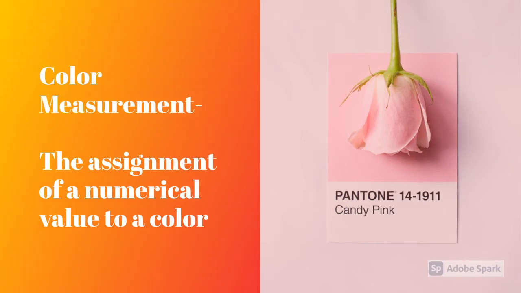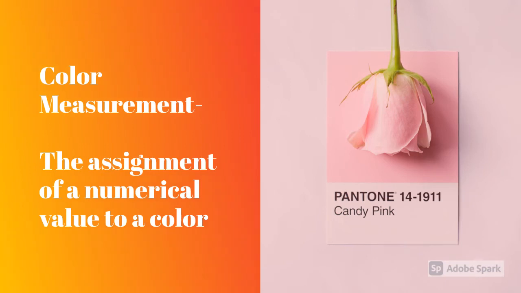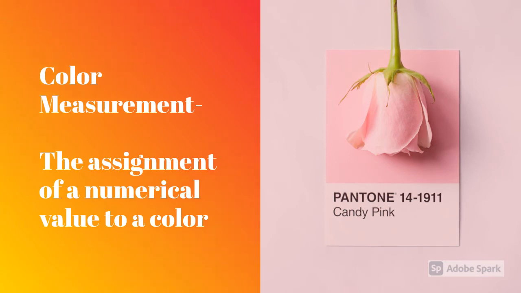Part of what Pantone does that makes them so valuable is they provide a color measurement. A color measurement just assigns a numerical value to assess color, and it facilitates the color matching. Color measurement can be done with a trained human eye or with instruments, but Pantone is the leader in creating color measurements.